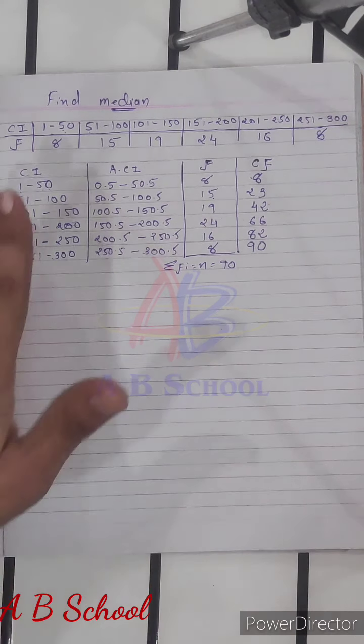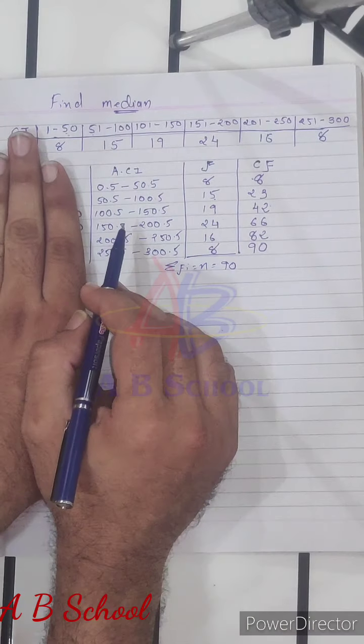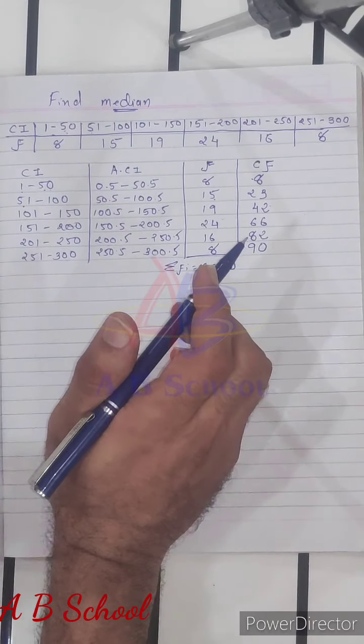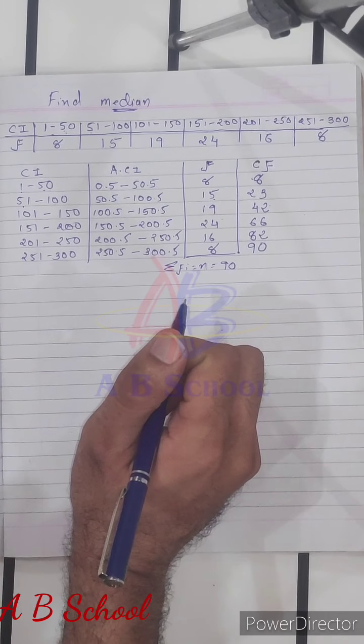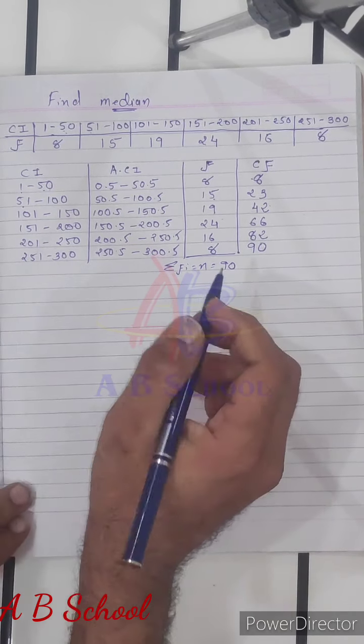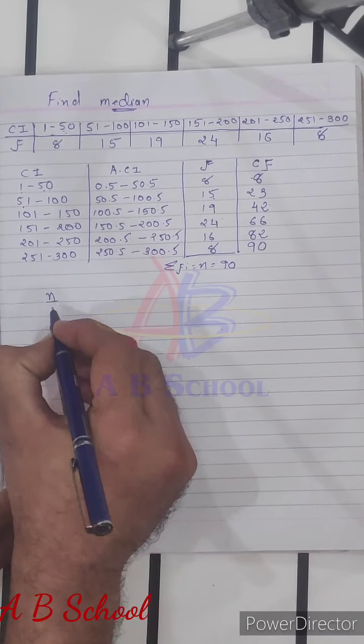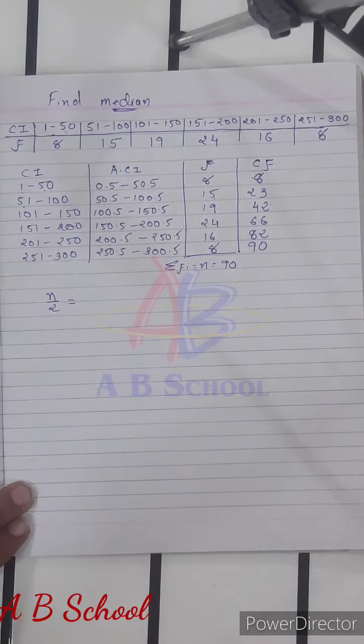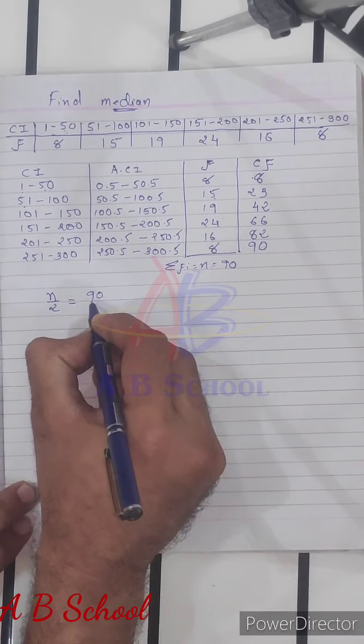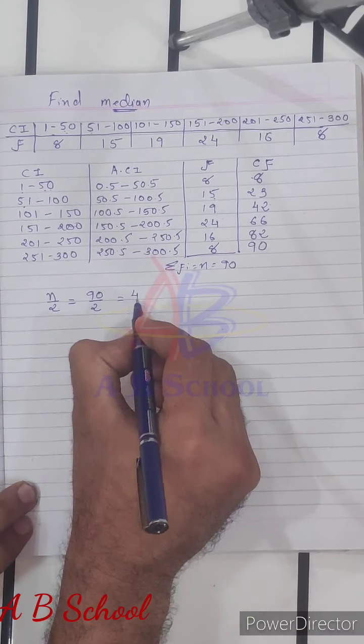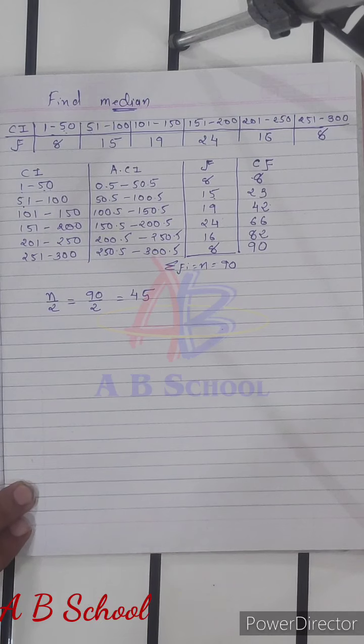Now I am not going to see this class interval, I am going to see this class interval. What is the first step? I need to find the median class. But before finding the median class, I need to find n by 2. So n by 2, that is 90 by 2, that is 45. Let us revise one more time.